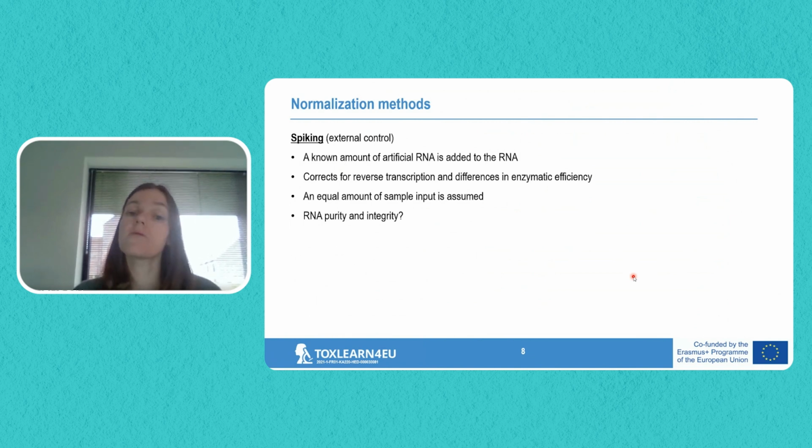So this means that when cDNA synthesis is more efficient in one sample than in the other, this will be the case for the external RNA, the artificial RNA that you added to the sample, as well as for the RNA coming from your original sample.